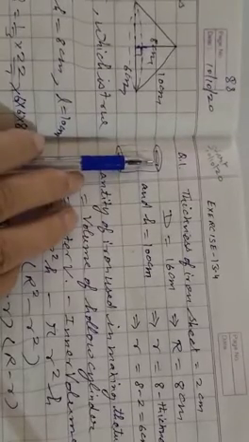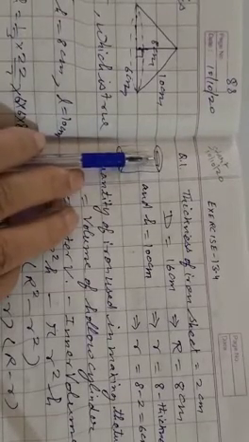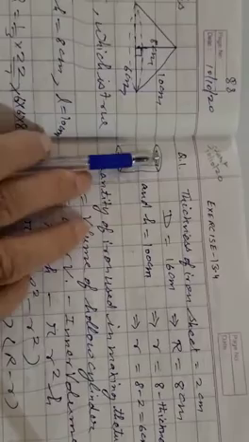Volume of a cylindrical tube is pi r square h. This is a cylindrical tube open at both ends made of iron sheet.